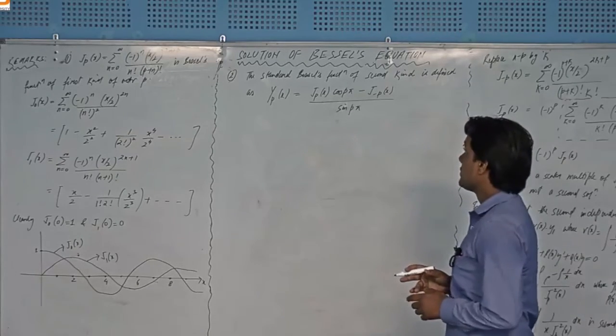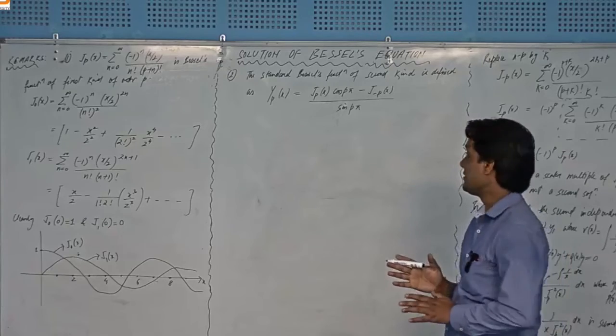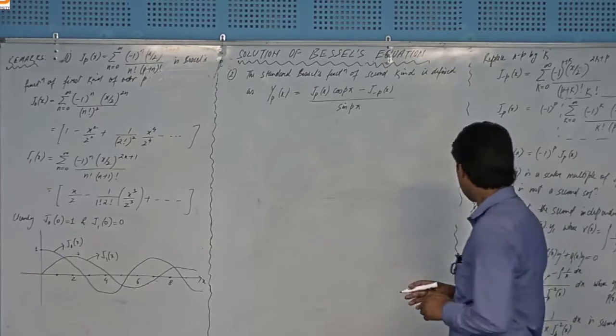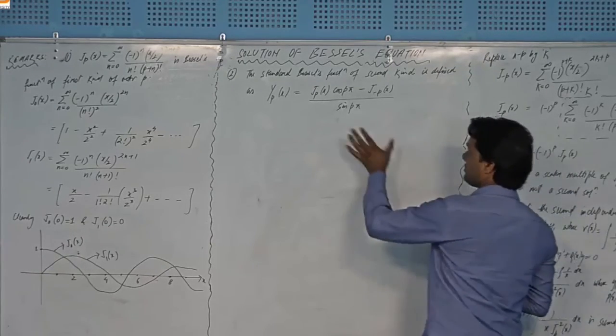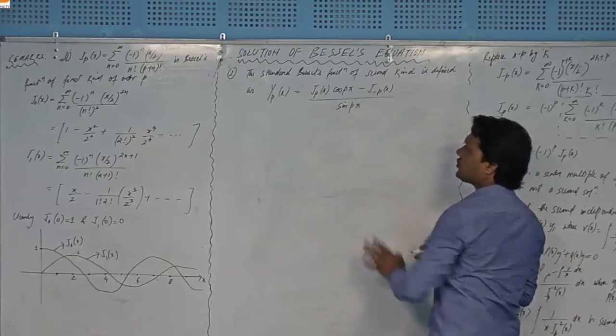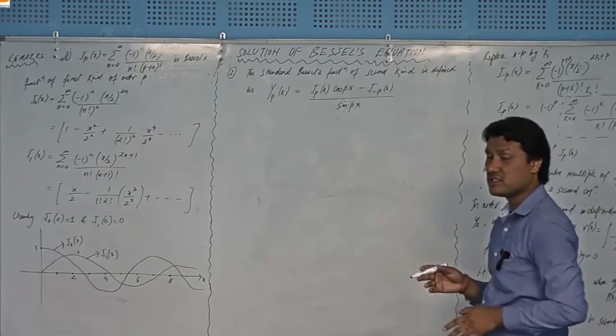This is the standard Bessel's function of second kind. It is defined in this way also. And why is it defined in this way? Because this is indeed the solution of the differential equation, Bessel's differential equation.